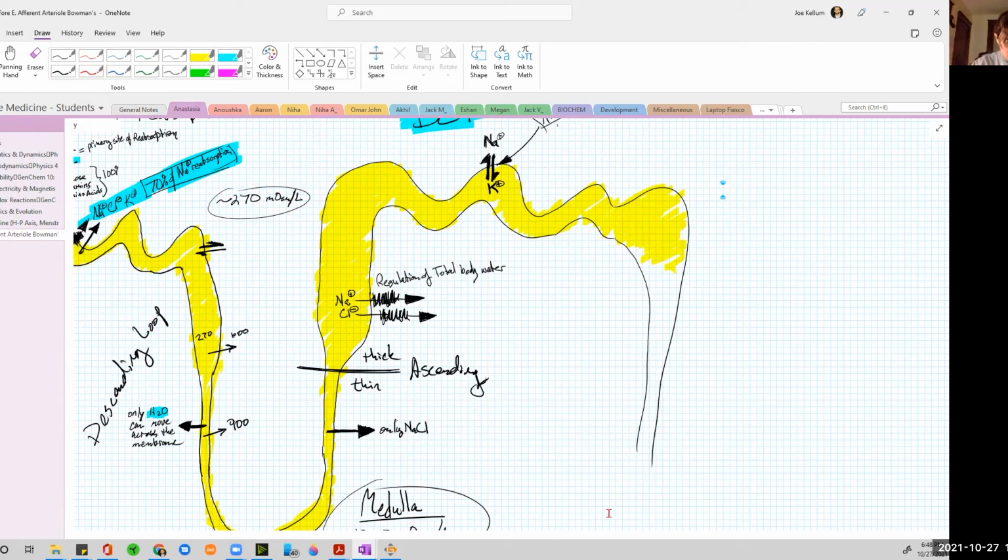I'm not entirely sure. So in order to increase preload, you have to increase the amount of total blood that you have, right? In the body? Yeah. You have to increase the total blood in the body, because the vast majority of your body's blood volume is going to be in the large veins in your legs at any given point in time.